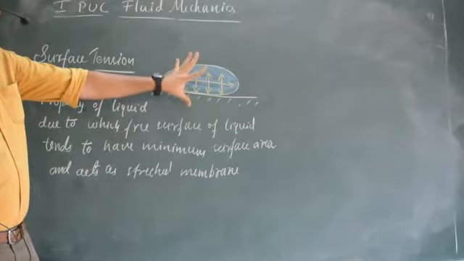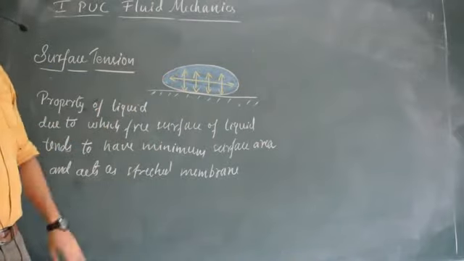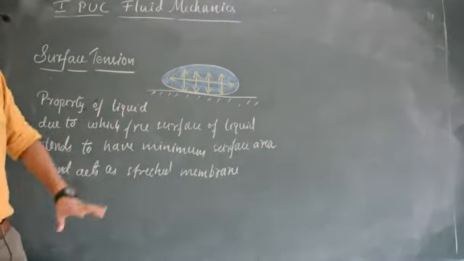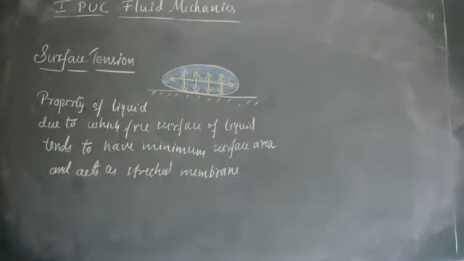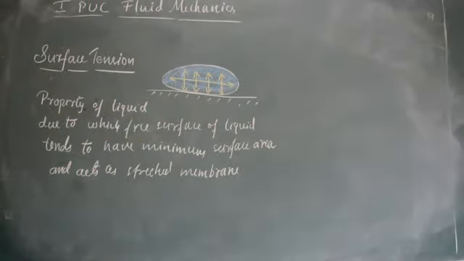They are trying to stretch to attain minimum surface area so that it attains almost spherical shape, correct? That is why a small amount of liquid which is placed will have this kind of shape. Water will have a slightly different shape because it tries to wet the surface, whereas I have taken something like this which has got, okay.